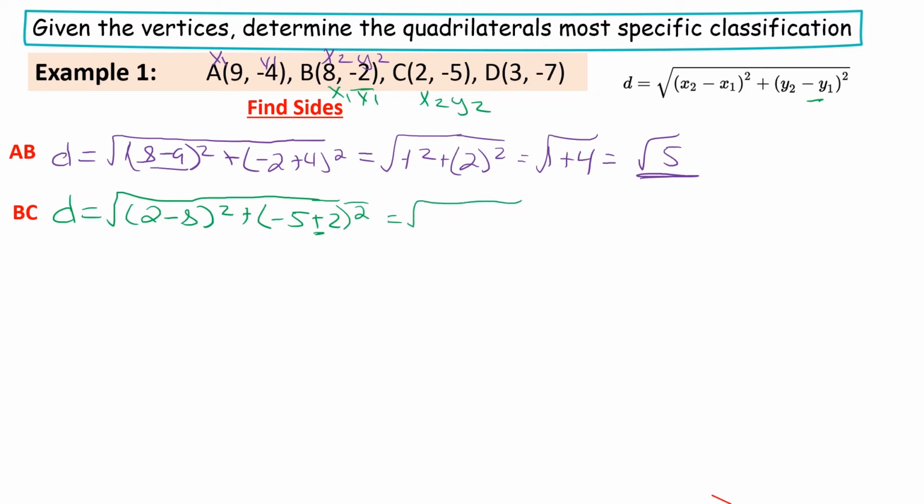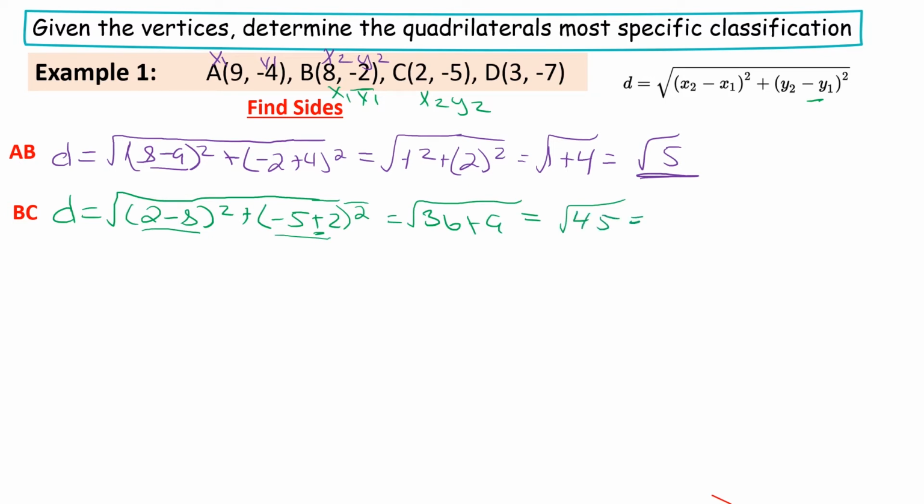Simplifying this a little bit in my head, 2 minus 8 is negative 6, and negative 6 squared is 36. Then negative 5 plus 2 is negative 3, and negative 3 squared is positive 9. And I'm left with 36 plus 9, which is 45.